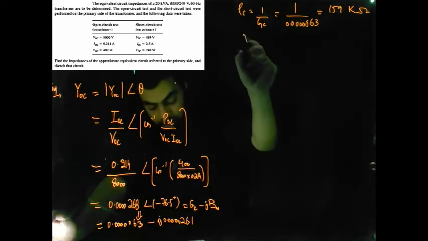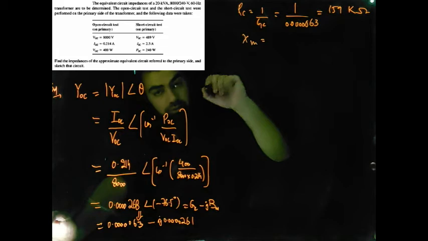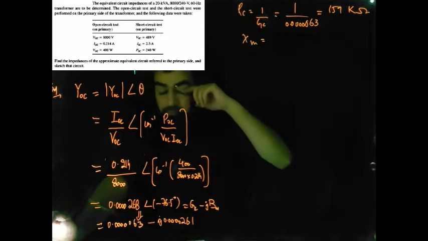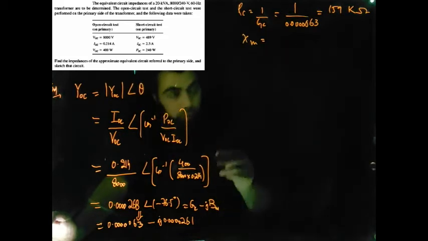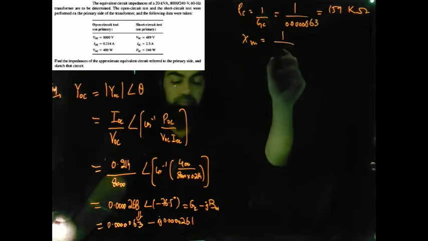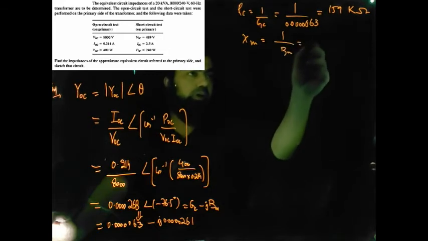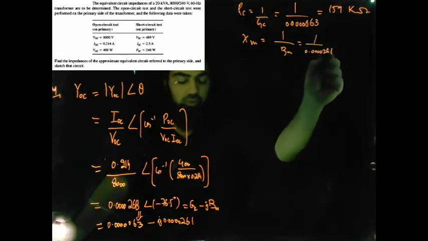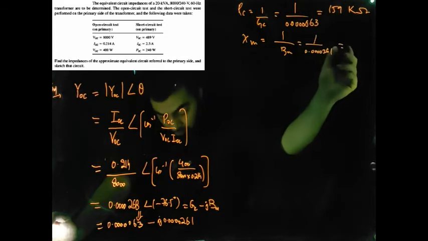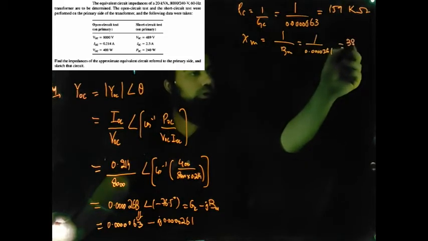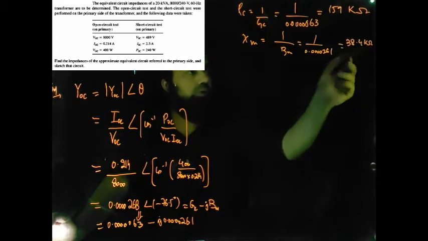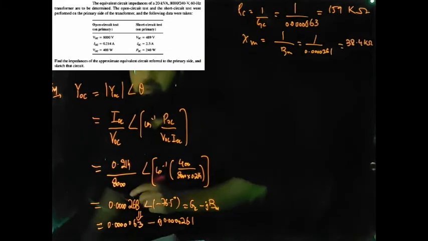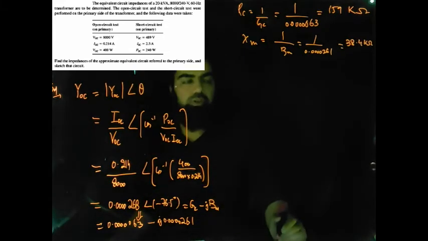And XM, that is the magnetization branch, is equal to 1 divided by BM, that's 1 divided by 0.0000261, which is equal to 38.4 kilo ohms. So we have found out RC and XM from the knowledge of the open circuit test.